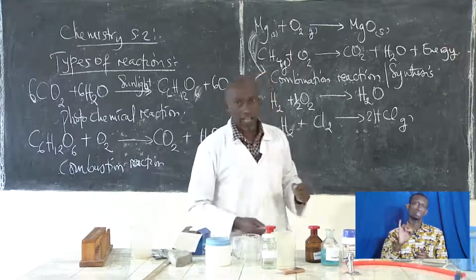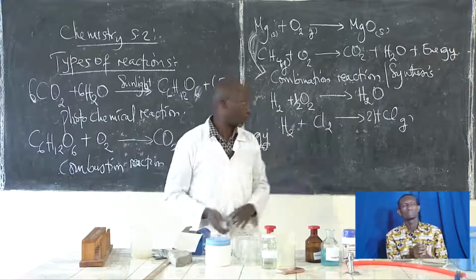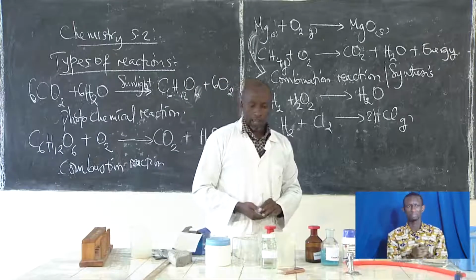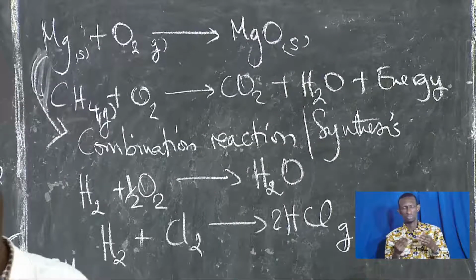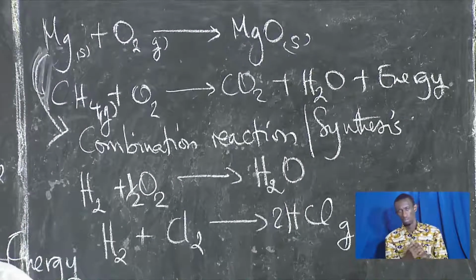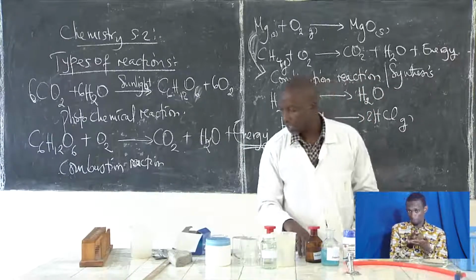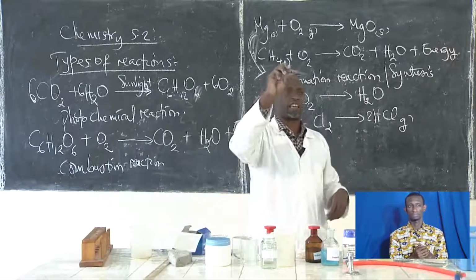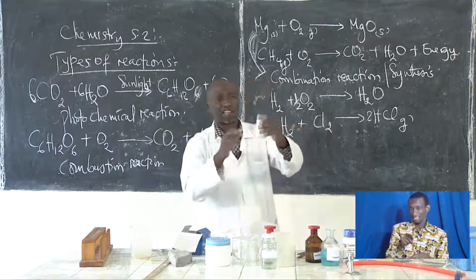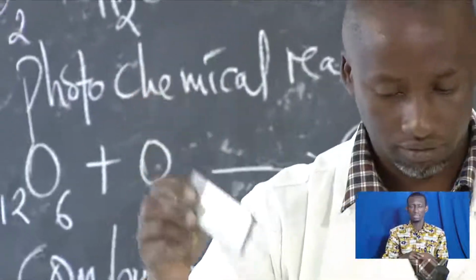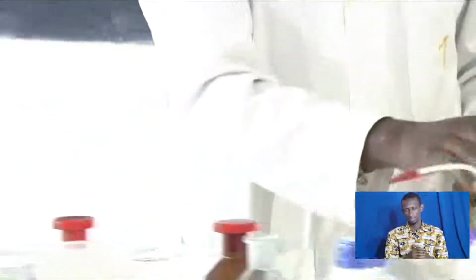There are some reactions which are also very common, and I'm just going to show you something very simple here. This is a zinc strip. We can call it a zinc plate. And then we'll have a solution.